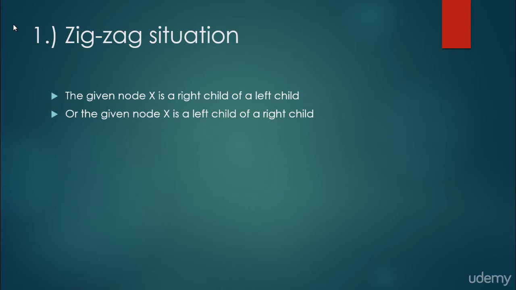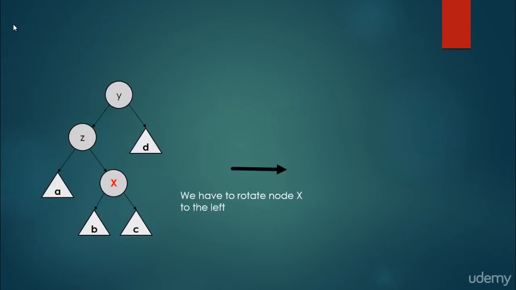So as we have discussed, we have to apply the zigzag case or the zigzag method whenever the given node x is a right child of a left child. And here the x is the right child of a left child, because the right child of z is the x and the left child of y is the z.